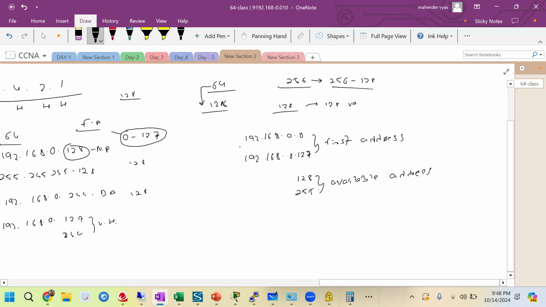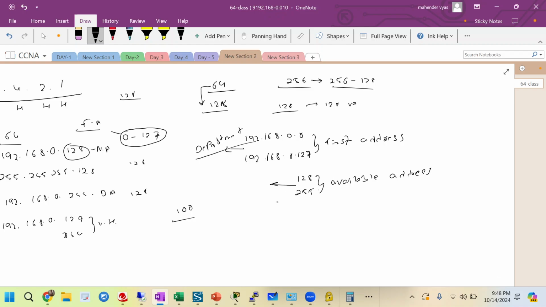Suppose this was given to one department. Now in future you got another department. For that department you need again 100 users. For that you can use this particular address. It will also have 128 users.